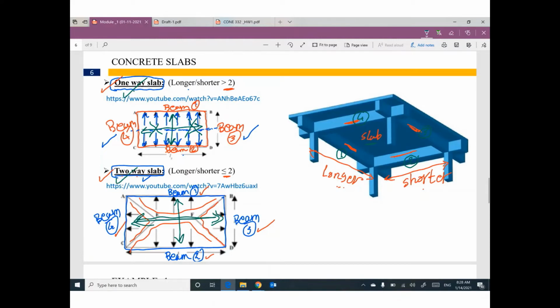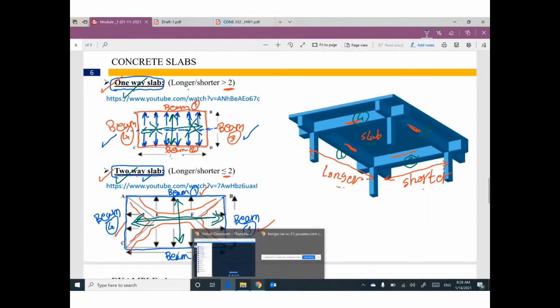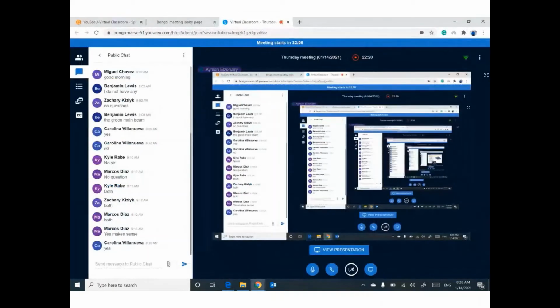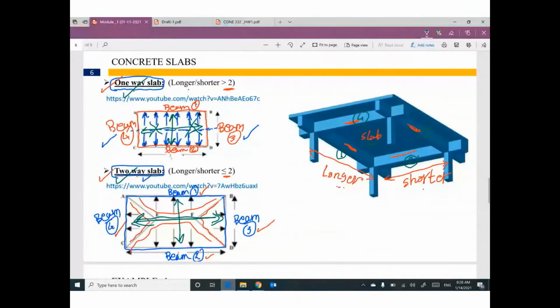Did you understand this concept? Because this concept is very important. For any concrete slab, we have two types, one way, two way. It's very simple. Just divide the longer dimension by the shorter dimension.